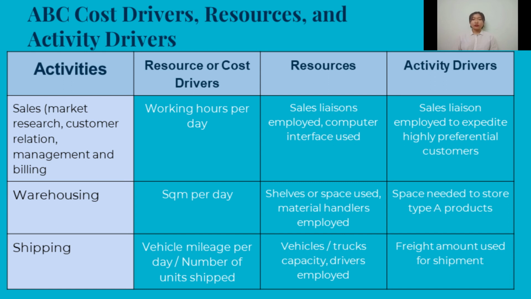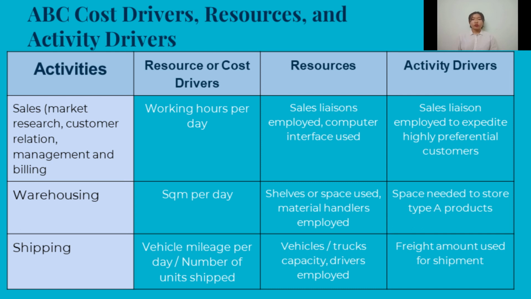Next is warehousing activities, which is needed to store resources and also products of the companies. The resources are normally shelves or a space that is needed to store the products and resources, and also the employees that are employed to handle the inventories.